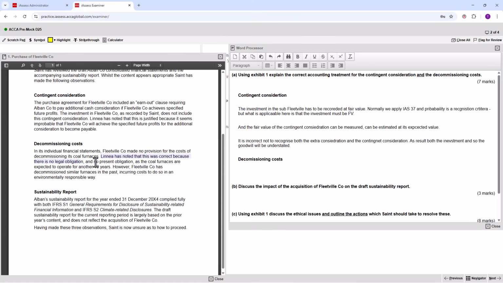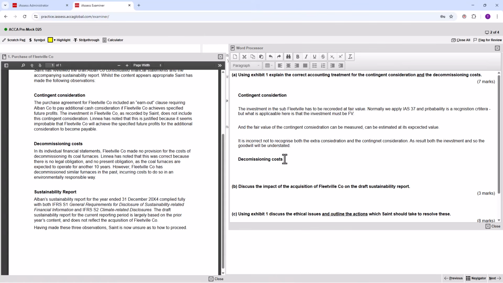There's an argument that there's no present obligation as well, because they're going to last for another 10 years. What we are told, though, is that Fleetville has decommissioned similar furnaces in the past. And I am going to argue that the accounting treatment is wrong, that we should be recognising a provision because we have a constructive obligation because of the valid expectation.